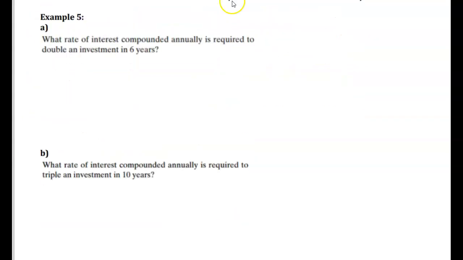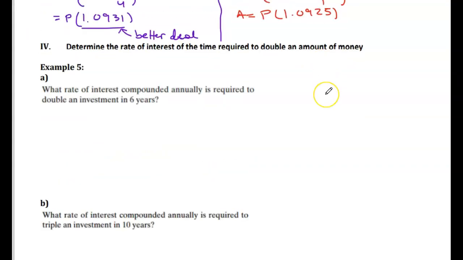Alright, let's look at these next couple of examples. Here we want to figure out what rate of interest compounded annually is required to double an investment in 6 years. We're compounding annually, so n equals 1, t equals 6. The amount is equal to the principal times 1 plus the rate over n, to the nt, 6 times 1.